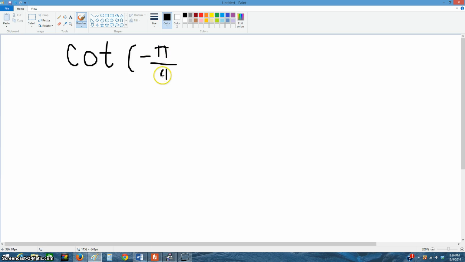Okay, there is an identity, more specifically an even-odd identity, that says cotangent of negative theta is equal to negative cotangent of theta. Remember, that means that cotangent and tangent are odd. Likewise, sine and cosecant are odd. The only even trig function is cosine and its reciprocal partner, which is secant. Okay, so there's an identity right there.